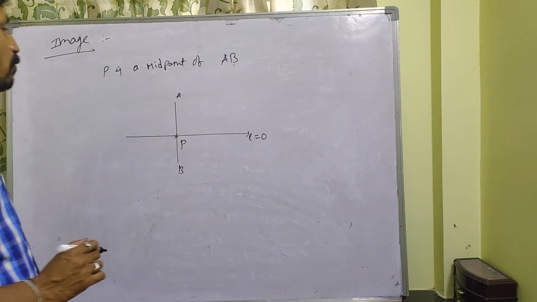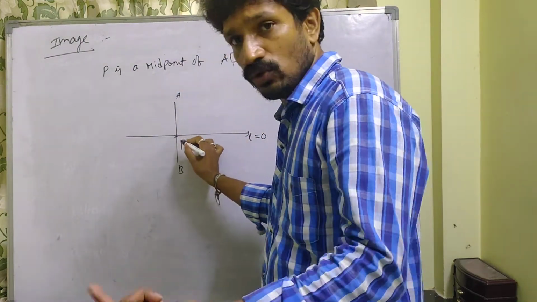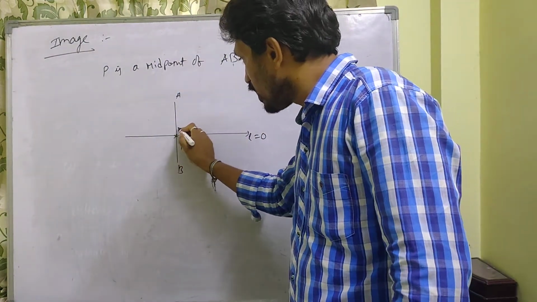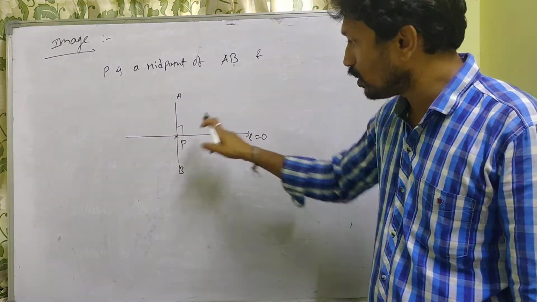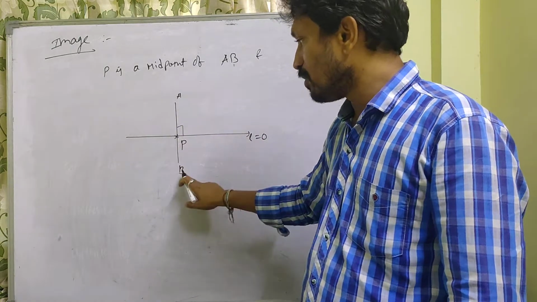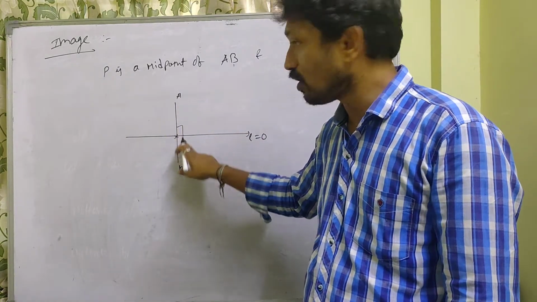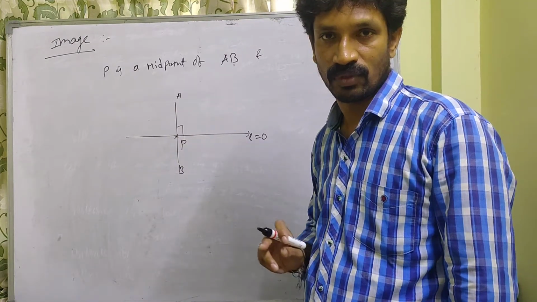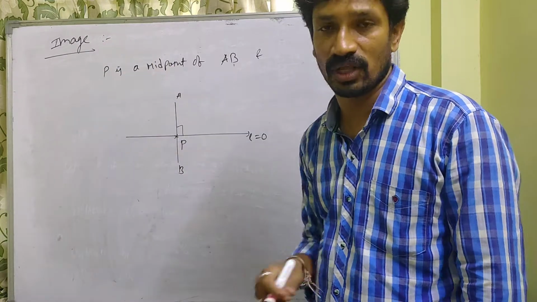Okay, P is the midpoint of AB, and AB is perpendicular to L equal to 0. Then only we can say A is the image of B or B is the image of A. And here P is the foot of the perpendicular of A. So remember, we are not discussing the foot of the perpendicular, we are discussing the image.